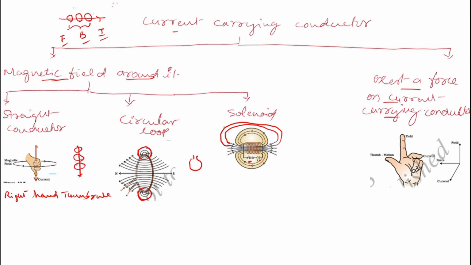See, this is the conductor carrying a current, and if you put your hand like this, the thumb indicates the direction of current. So around this you can observe the magnetic field.